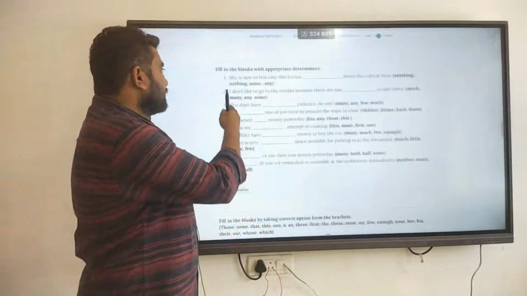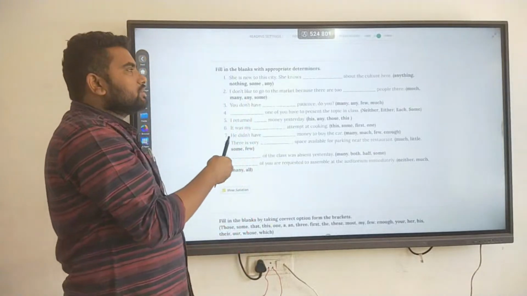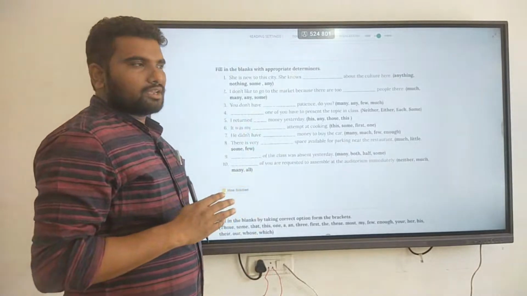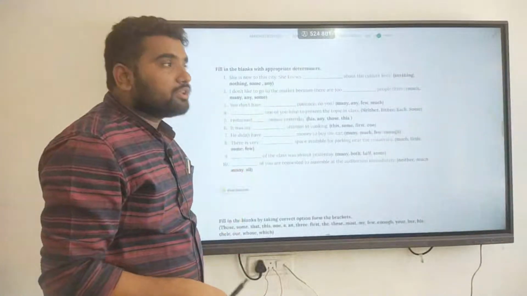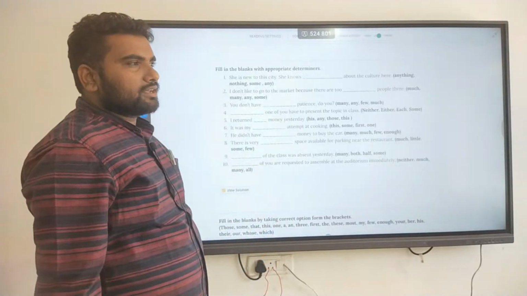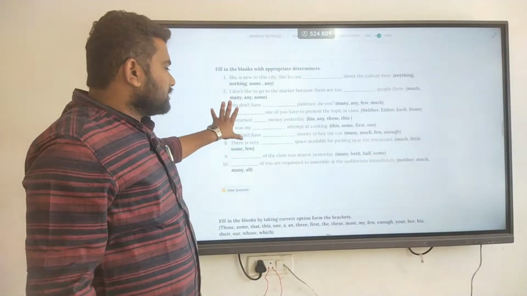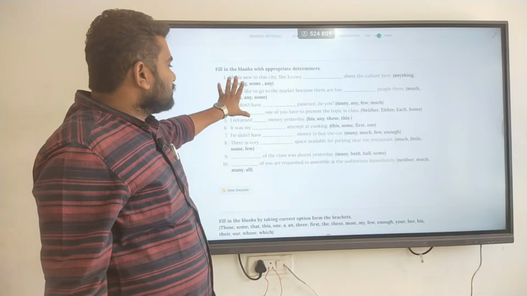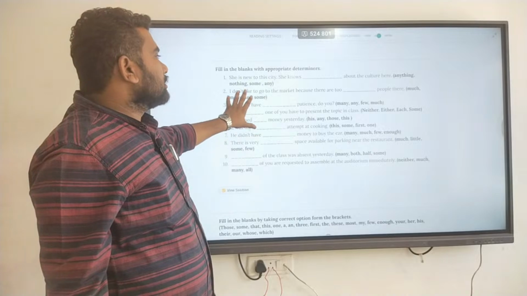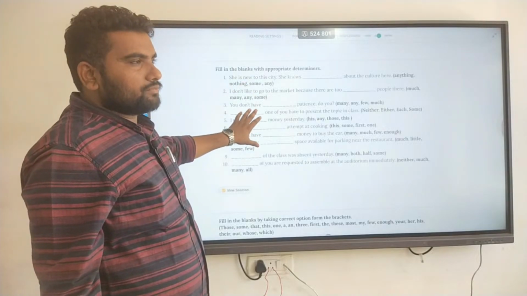Some other determiner can also be suitable there, but for now the answer which exactly suits these questions is what I have solved.